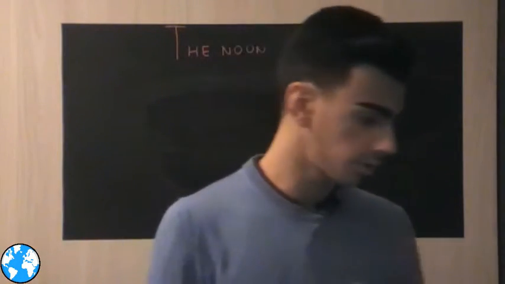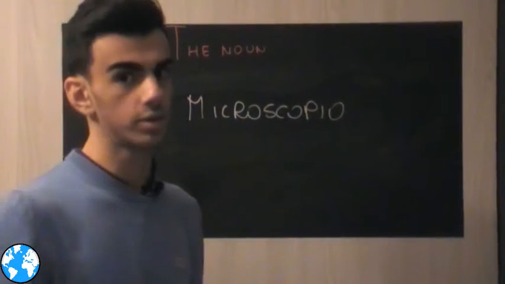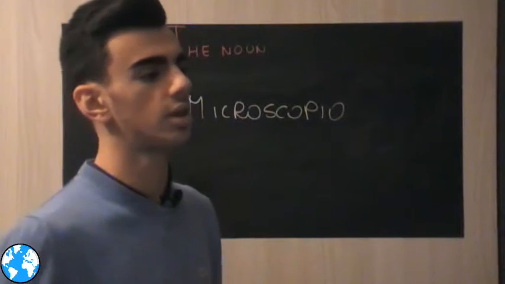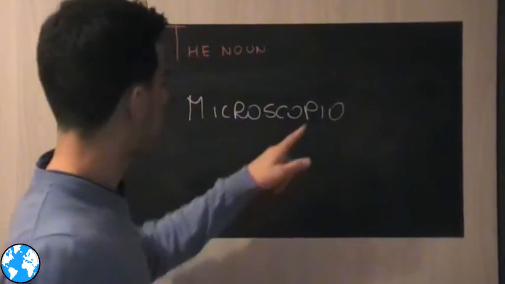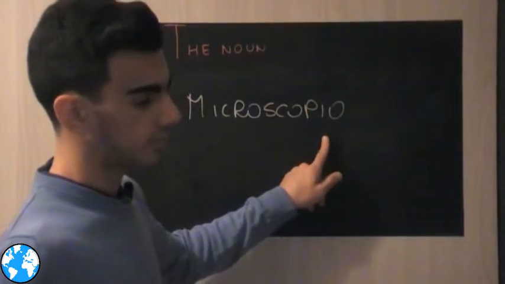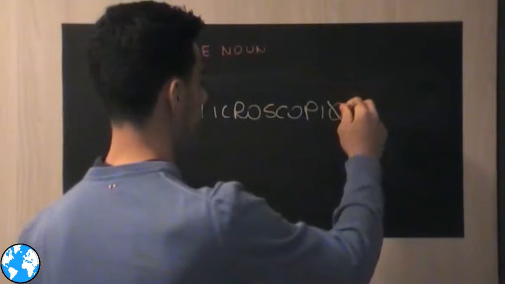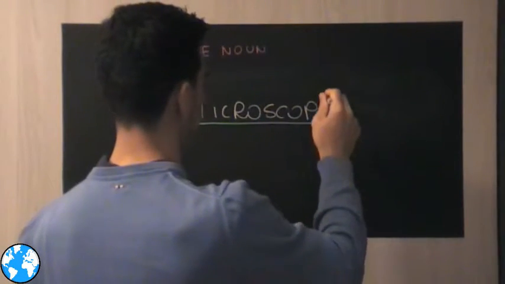Just like that. Another irregularity is when a word finishes with the I-O cluster. For example, microscopio. Microscopio, it's the microscope you use in the laboratory to see the cells and that kind of stuff. In order to form the plural form, we need to take away the O, and we're done. We have the plural form, microscopi.